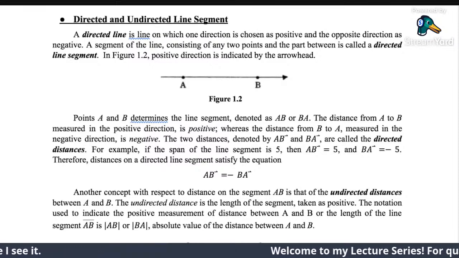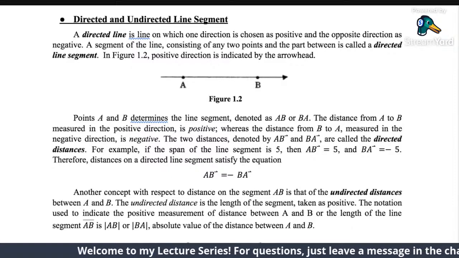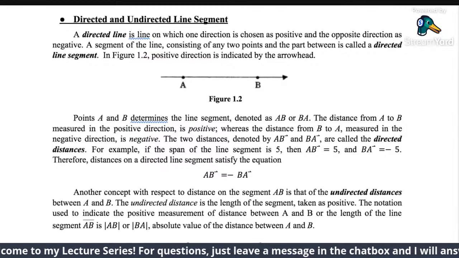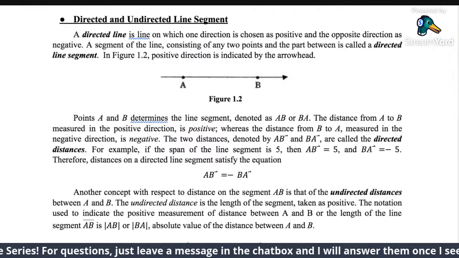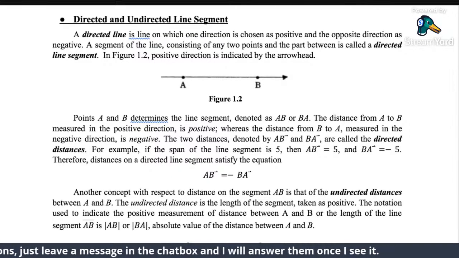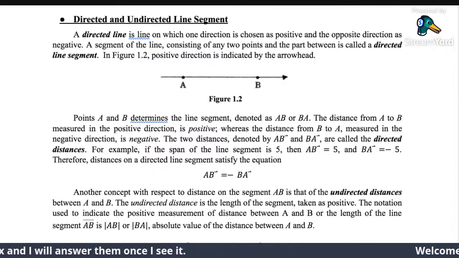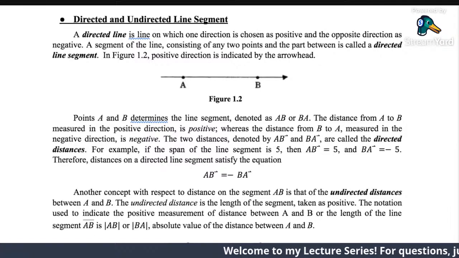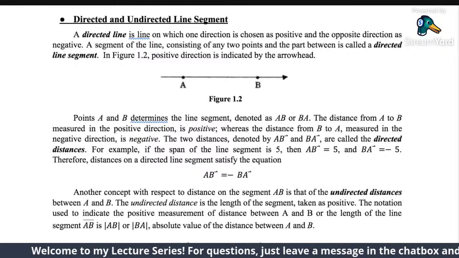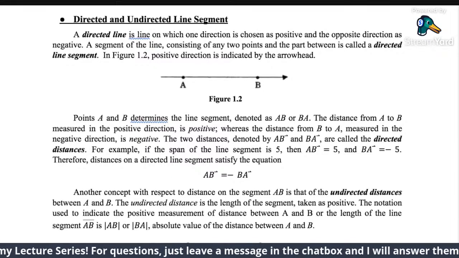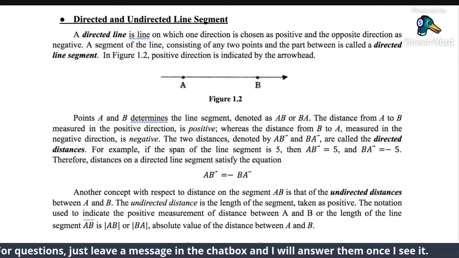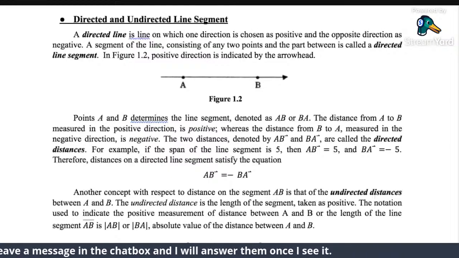Now, for directed lines, if you see a negative distance, the negative sign only tells you the direction of the line segment, because you might argue that there is no such thing as negative distance. But for directed lines, there is a negative distance, only that the negative sign tells you the direction of the directed line segment.